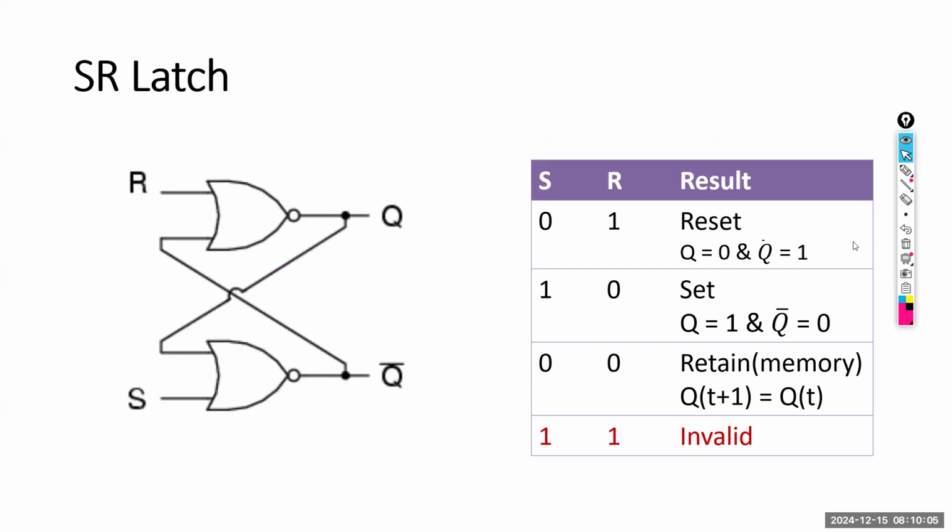So SR latch stands for set-reset latch. S is set, R is reset. That means it's a latch or memory cell that we can set and also reset. And of course, in between, it can remember, or latch, or hold the memory state. So this is the simple SR latch circuit.